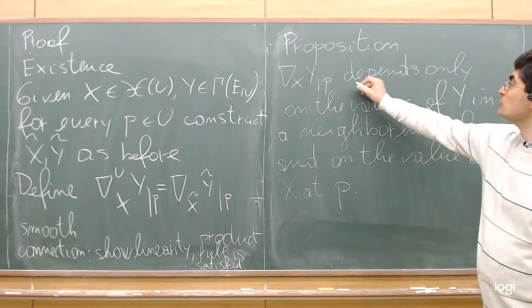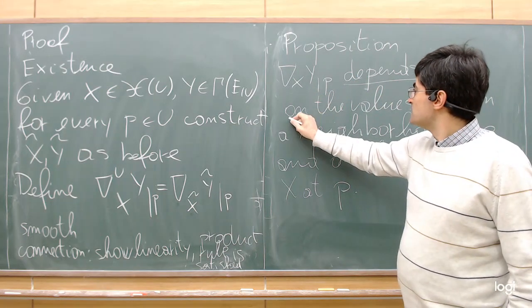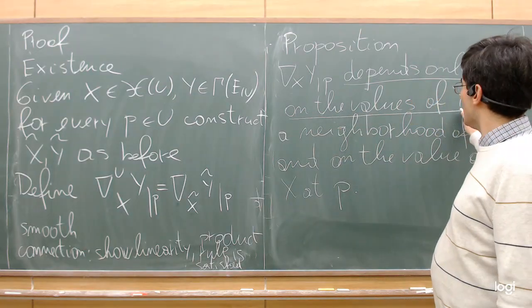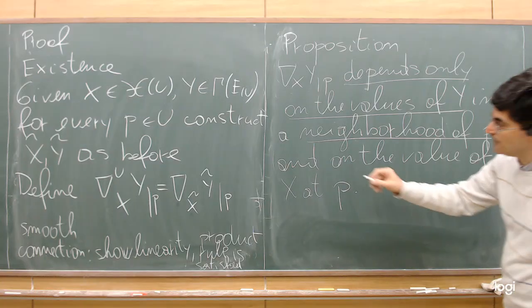We already know that this covariant derivative depends only on the values of y in a neighborhood of P. What is interesting is this part here.